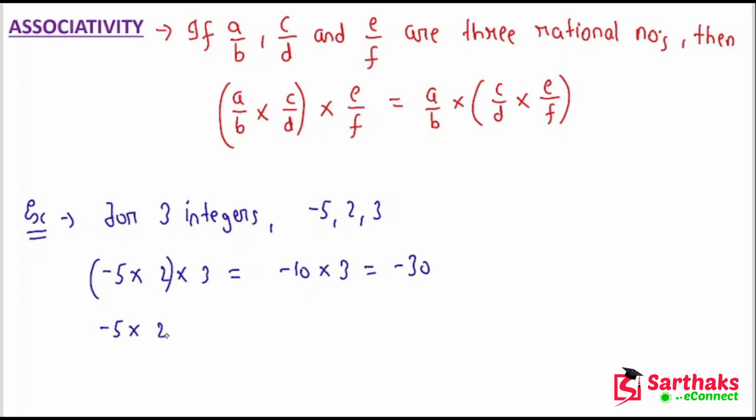Now if we multiply the last two first, then we will have -5 into 6, which is again -30. Okay, this is the associativity for integers.